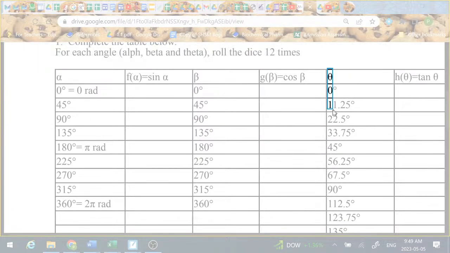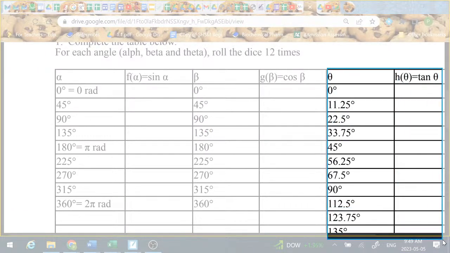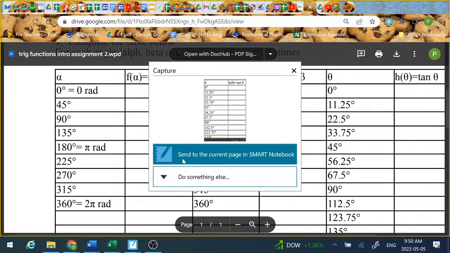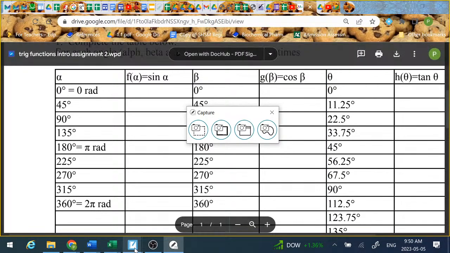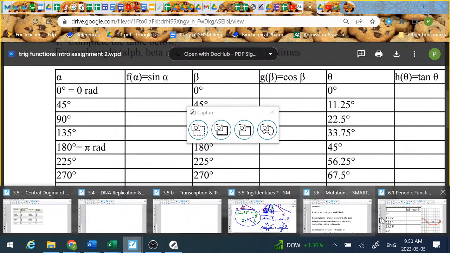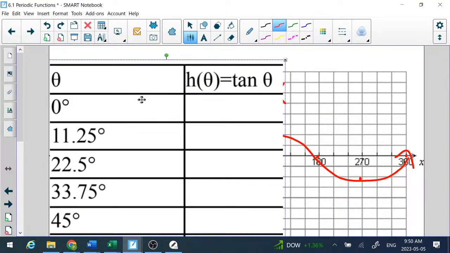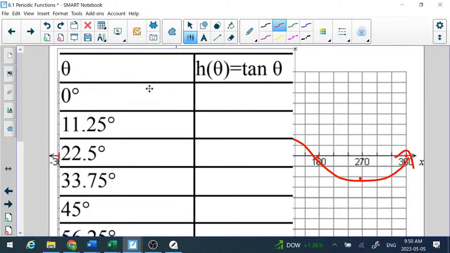All right, let's send it and check it. I want you guys to look at your unit circle, and here's what I'm highlighting. 0, 45, and multiples of 45. So you know what comes after 45, right? 0, 45, 90, 135, 180, 225, and so on and so forth.